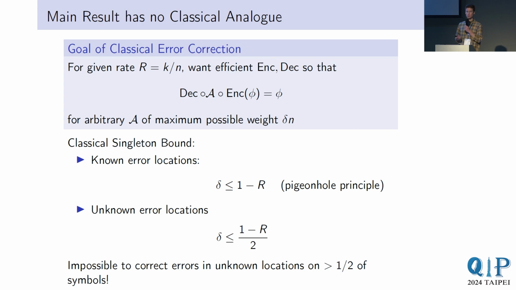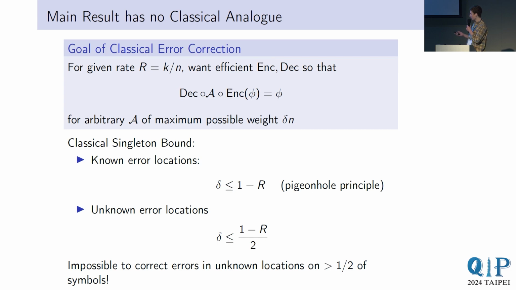But it's actually in general impossible to do error correction, whether exact or approximate, on more than half the code word symbols, because if the adversary could corrupt even just half the code word symbols, they could choose either the first or second half of the code word they receive and plant in there the encoding of a completely unrelated message. So the receiver would receive the concatenation of two halves of code words of different messages, and they would have no idea which was the true message and which was the planted message from the adversary.